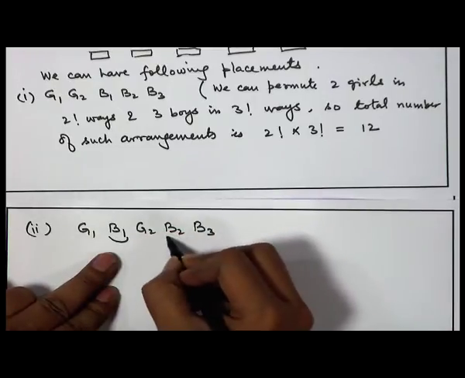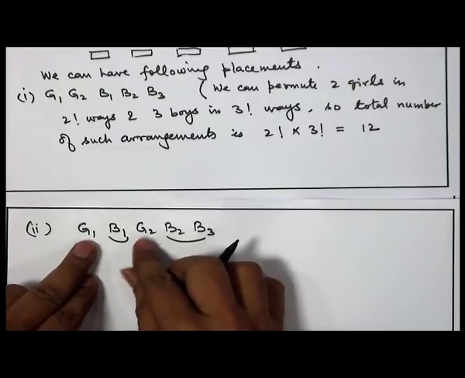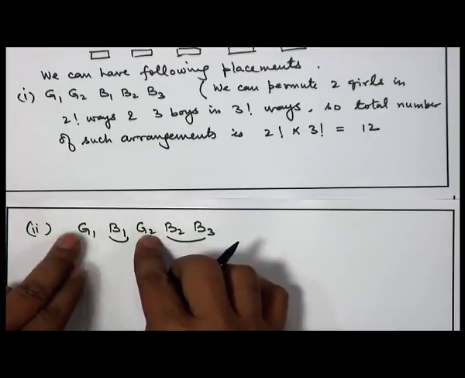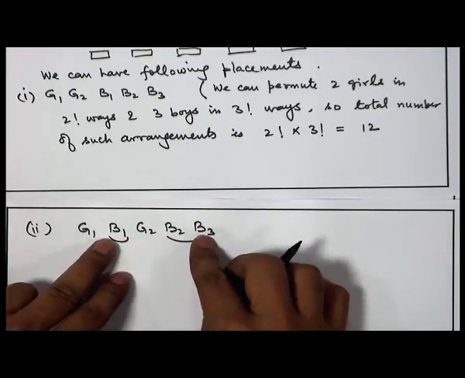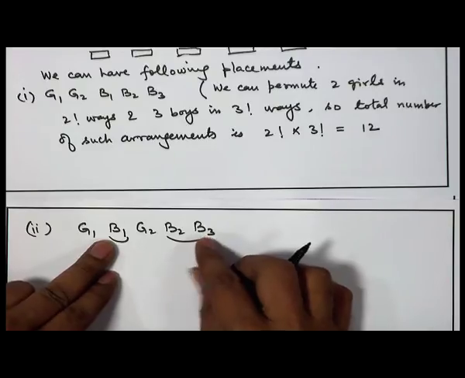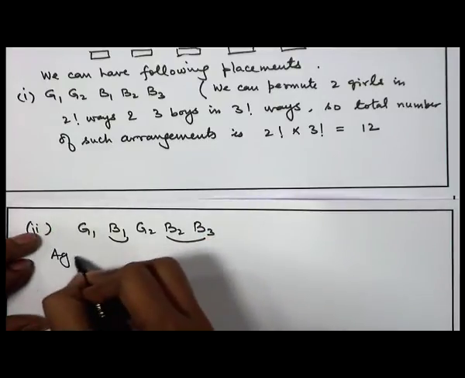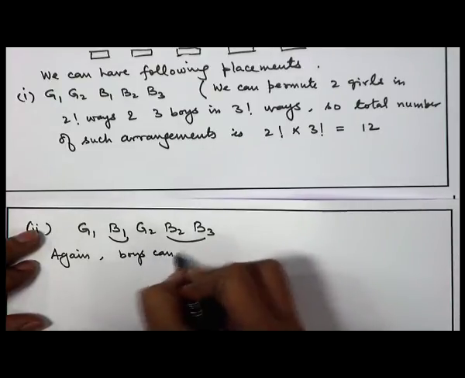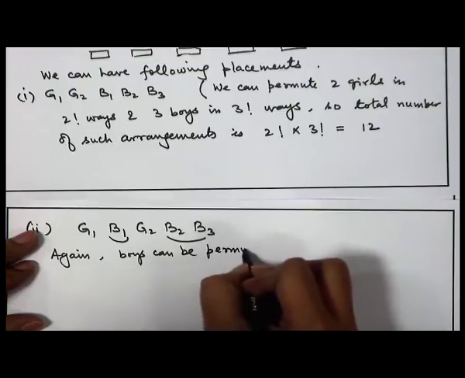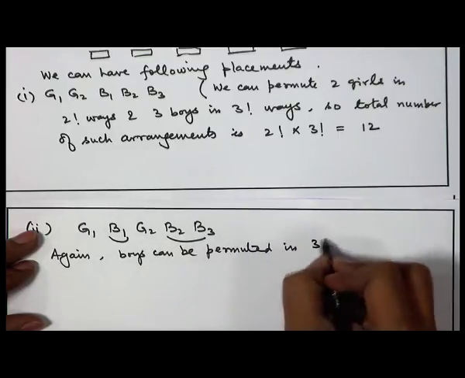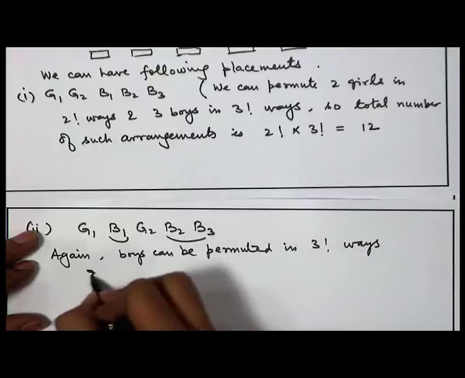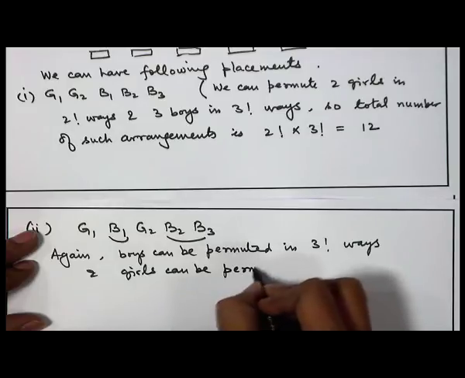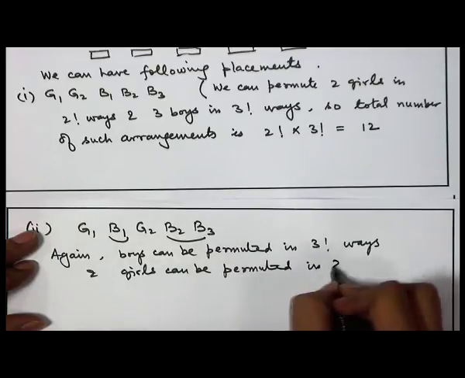Again, if you look at the arrangement of the boys and the girls, among girls you can have permutation, that means you can have G2 here and G1 here, and B1, B2, B3 can also be permuted in 3 factorial ways. So, the boys can be permuted in 3 factorial ways and the girls can be permuted in 2 factorial ways.